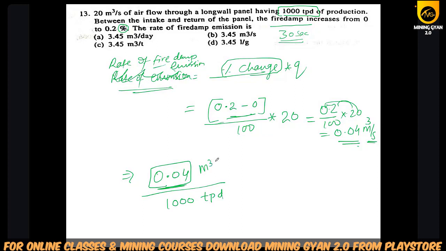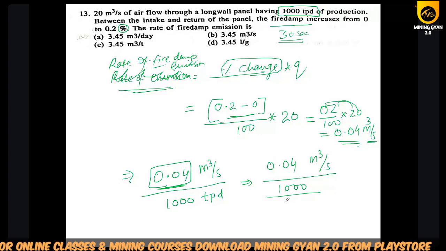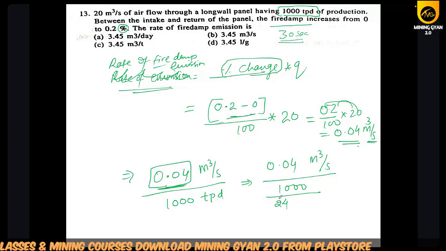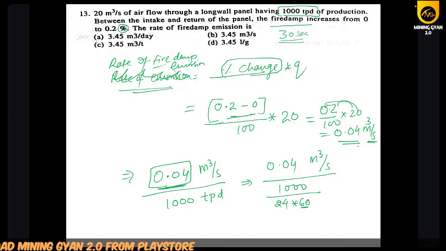Convert 1000 ton per day into ton per second: first convert it to hourly production, ton per hour, then divide by 60 for ton per minute, then divide by 60 again to get ton per second.